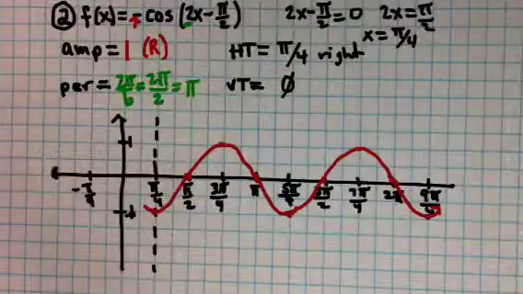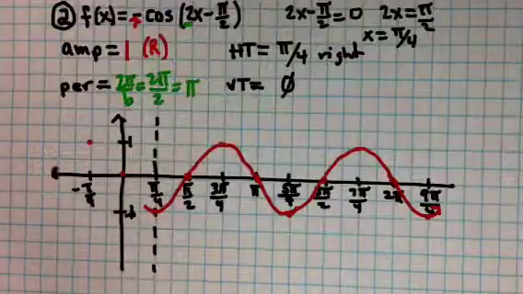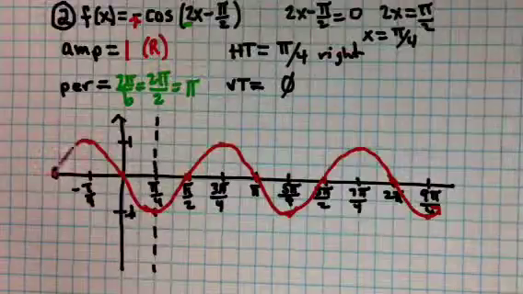Okay. Now on the left side, if I wanted to continue on the left side, the 0 would be here at 0, 0. Then it would be maximum, and then it would be back to 0. So it's not a complete period, but it gives you an idea.